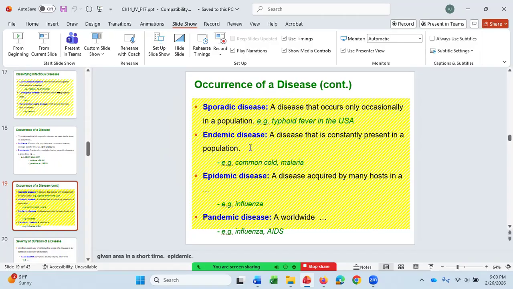An endemic disease is a disease that is constantly present in a population. The common cold is an endemic disease wherever you are in the world because it constantly is present in the population. You can even come down with the cold in the summer. It's just less likely to happen than in the winter term. Malaria is a disease which is endemic to the tropics.